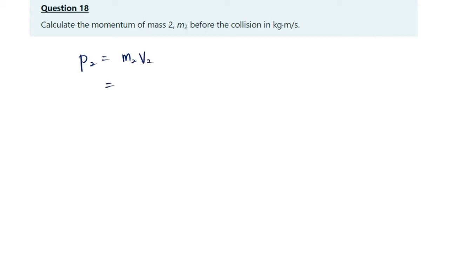The mass is going to be 3.27 and multiply with 0 because mass 2 is not moving, or stationary, before the collision. So the answer here is going to be 0 kilogram meter per second. So this is going to be the momentum of mass 2 before the collision.